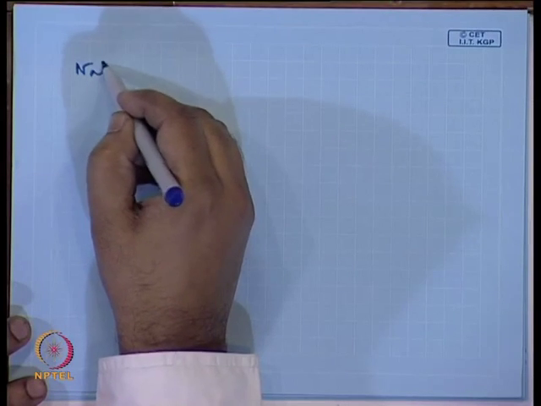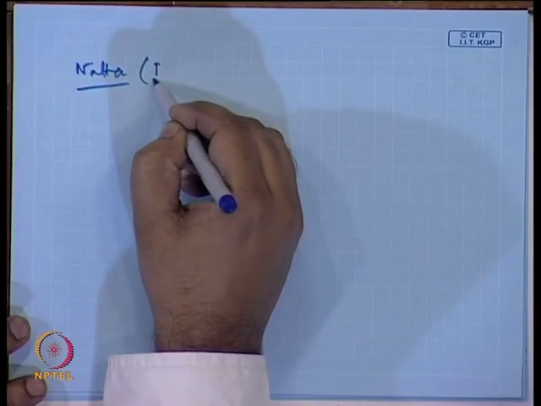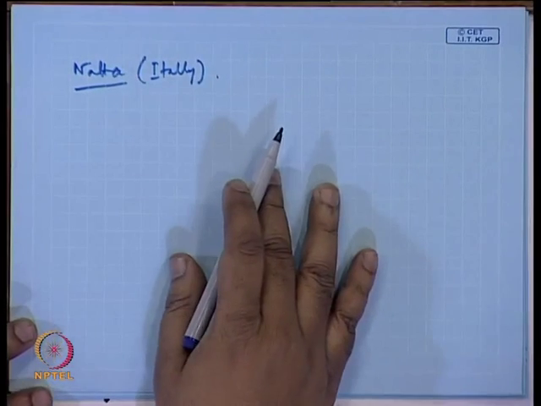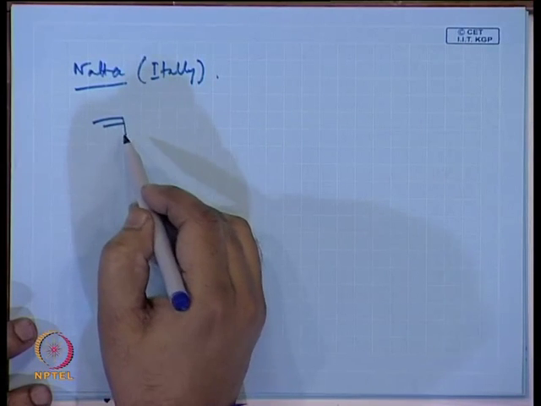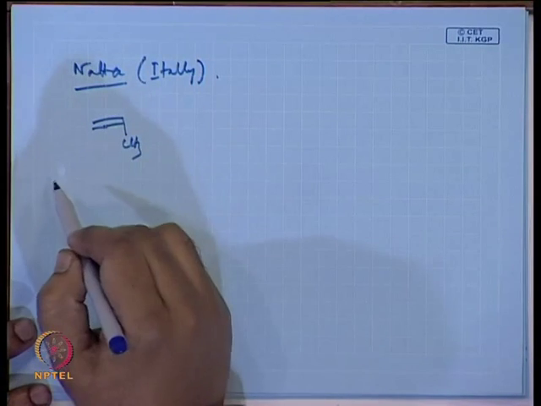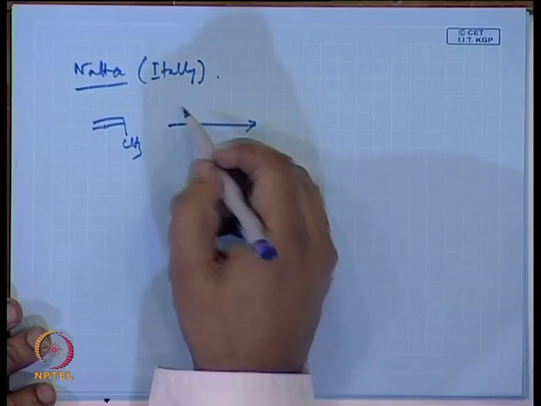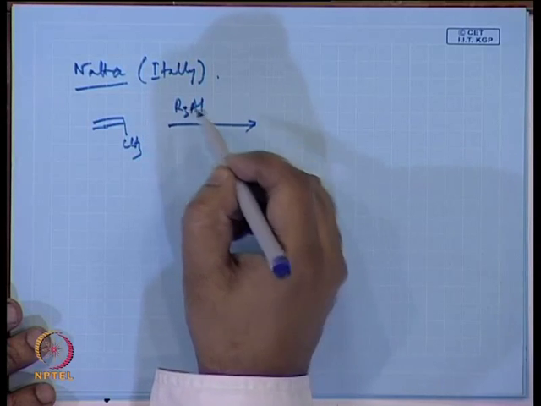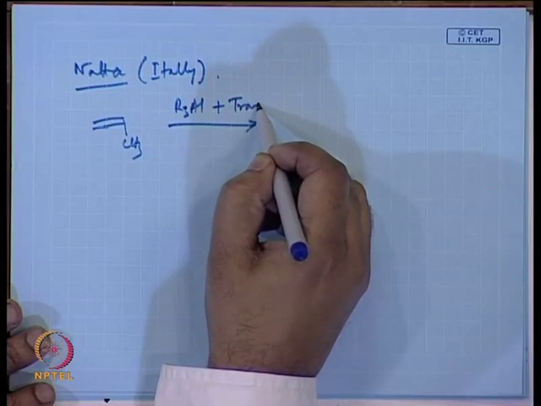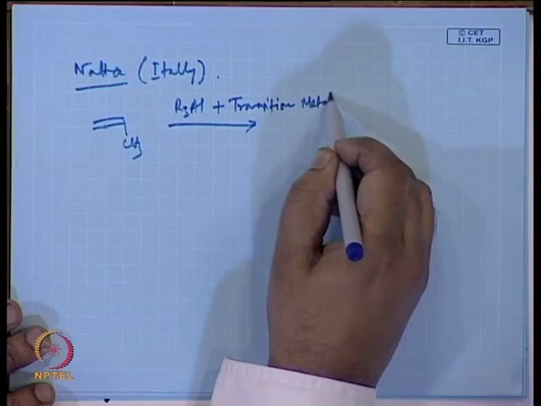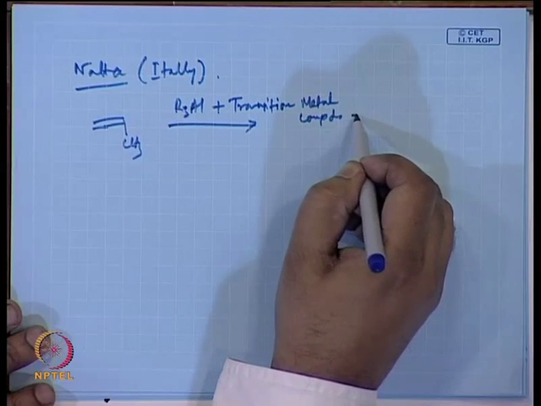Now, the same sort of catalyst was used by Natta. He was from Italy. What he used, instead of ethylene, he took an alpha olefin, in this case propylene, and used the same sort of catalyst, alkyl aluminum plus transition metal compounds.